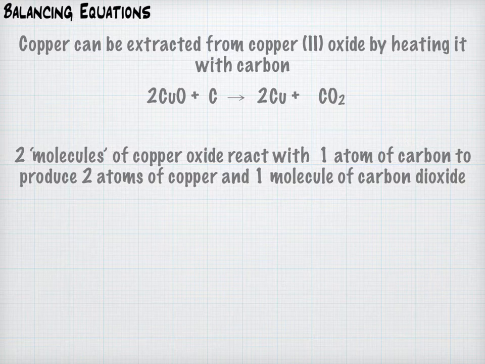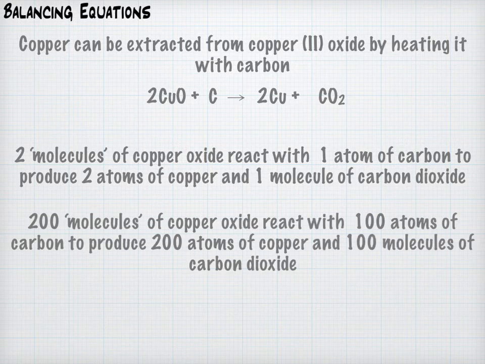Before we get rid of it though, let's consider that we could just scale it up. This could also mean that 200 molecules of copper oxide react with 100 atoms of carbon to produce 200 atoms of copper and 100 molecules of carbon dioxide. All I'm doing is scaling up. I could do that for any number.